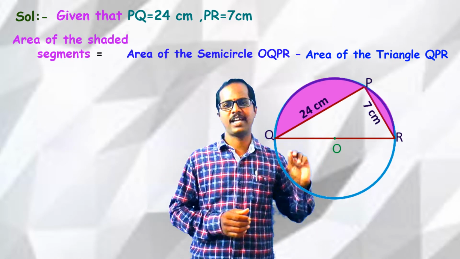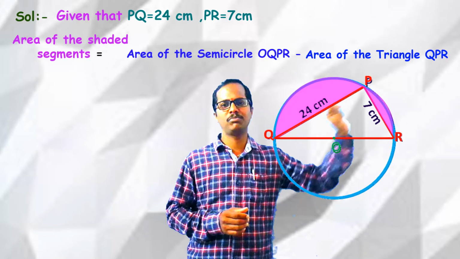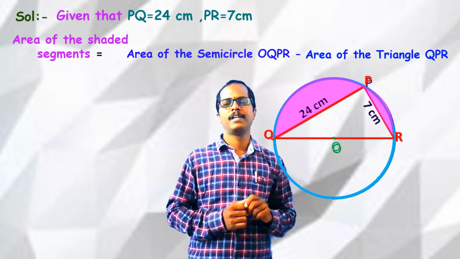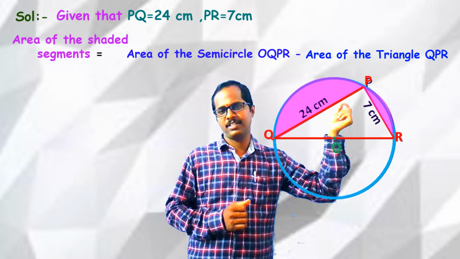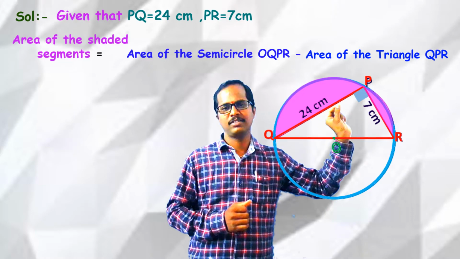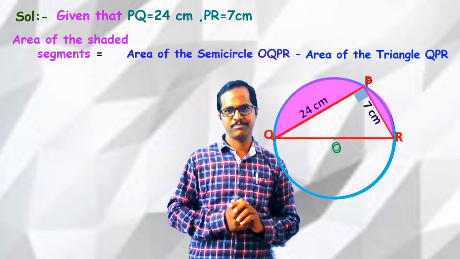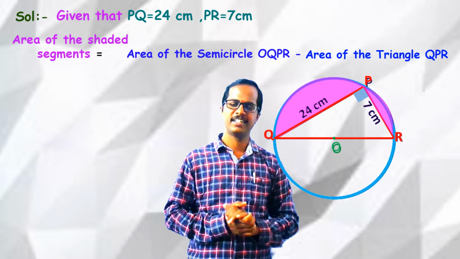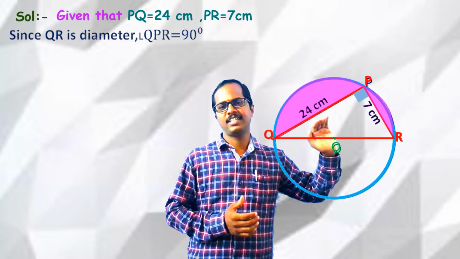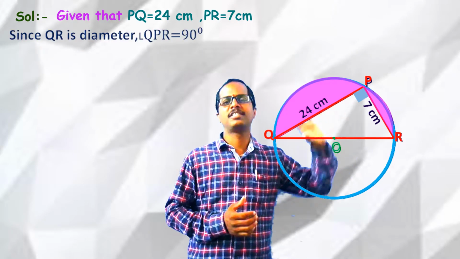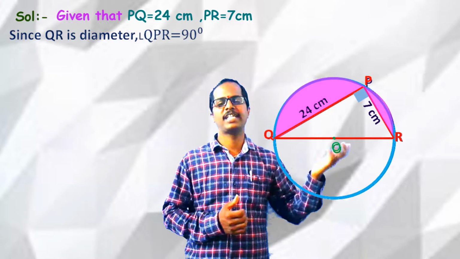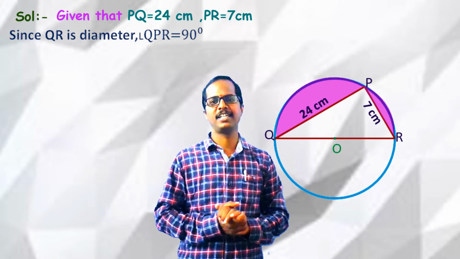If we observe this triangle QPR, in this triangle the angle P, that is angle QPR, is 90 degrees. Why? Since this angle is in the semicircle, and we know that the angle in a semicircle is 90 degrees.